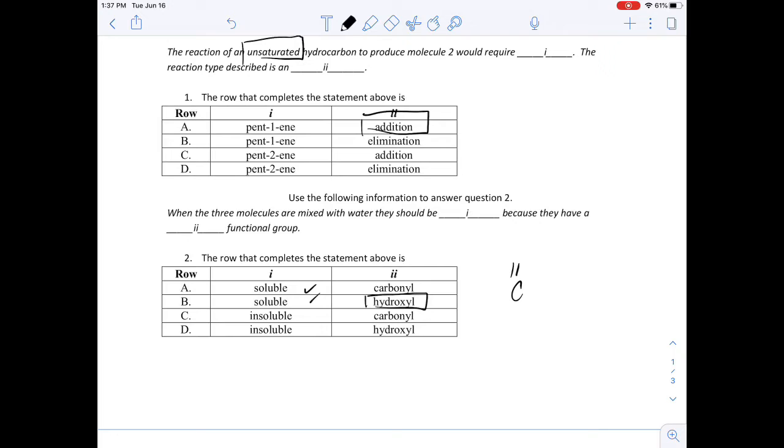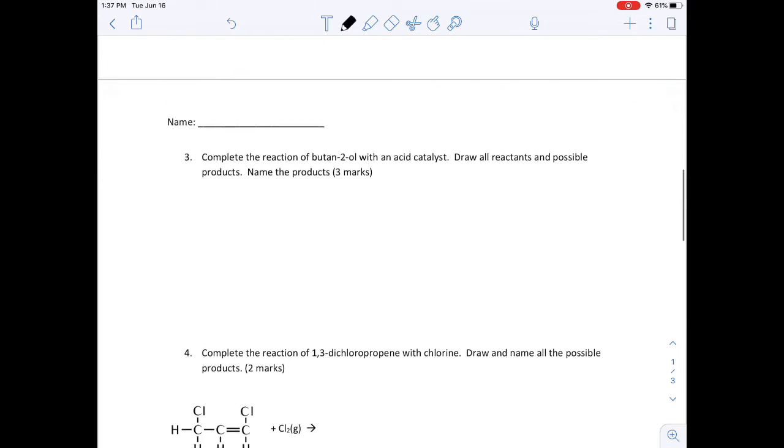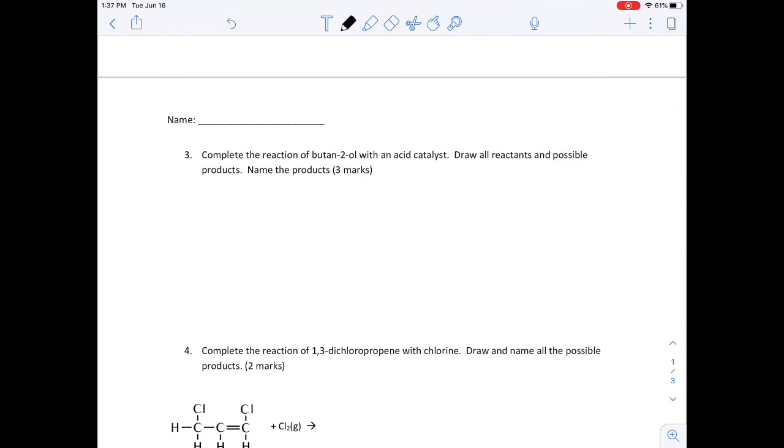Now, a carbonyl group is like this, right? And we see a carbonyl group in carboxylic acids, but not here. You'll also see carboxyl groups in esters, and that's an extra topic that I'm encouraging you to take a look at when you're done doing the unit test.